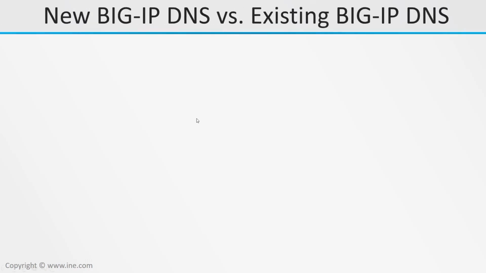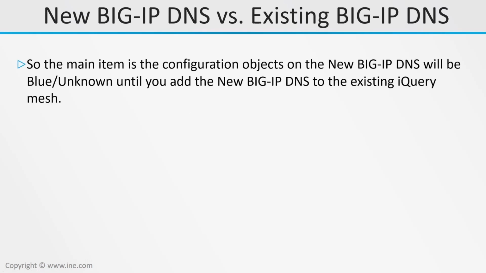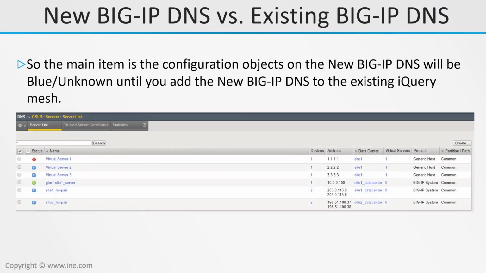Okay, so the objective talks about comparing configuration objects between a new BIG-IP DNS and an existing sync group member. So I think the main item they might be getting at is the configuration objects in the GSLB server list. And let's say an existing or a new BIG-IP DNS after it's been restored via a previous UCS might look like this.